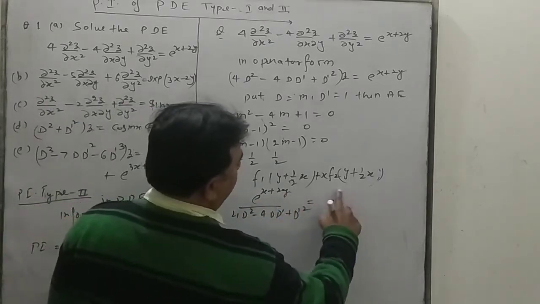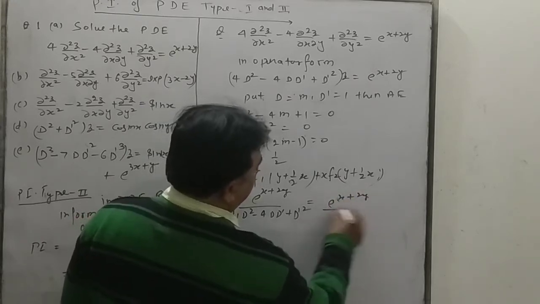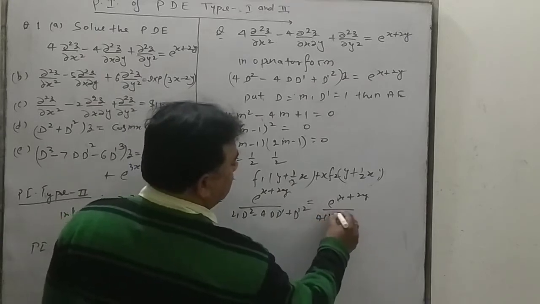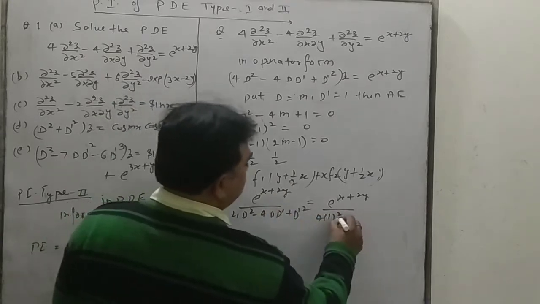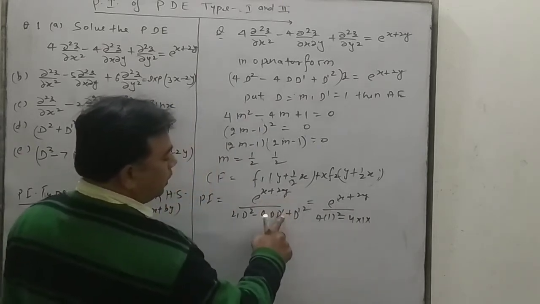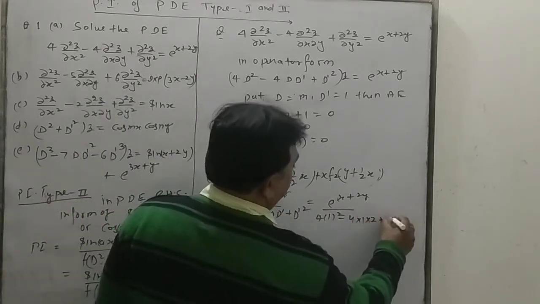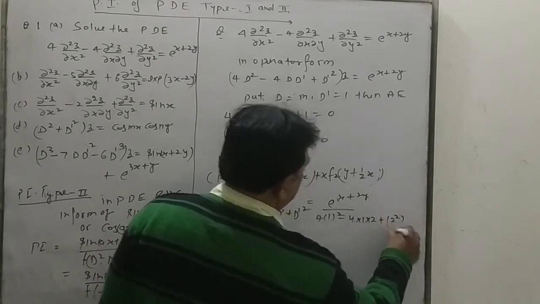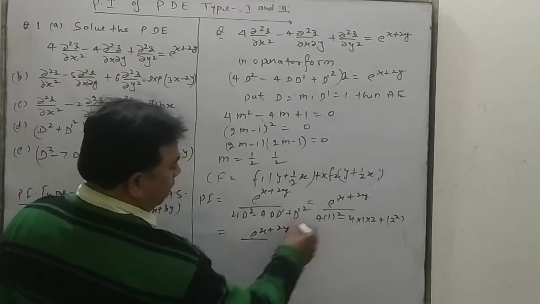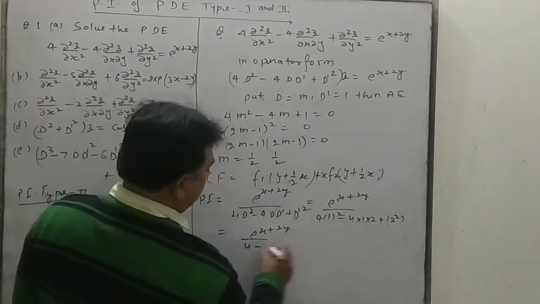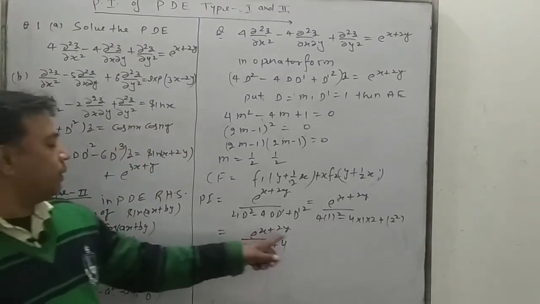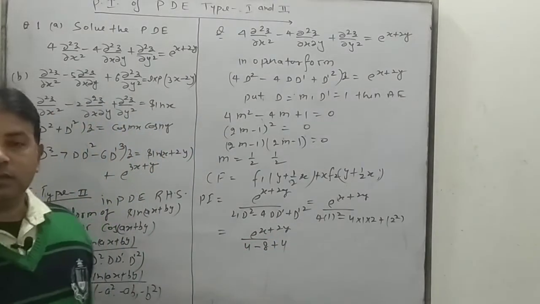So we put the coefficient of x in place of D and the coefficient of y in place of D dash. e to the power x plus 2y divided by 4 times the coefficient of x, which is 1, squared, minus 4 into 1 into the coefficient of y, which is 2, in place of D dash, plus 2 squared. We simplify: e to the power x plus 2y upon 4 minus 8 plus 4.